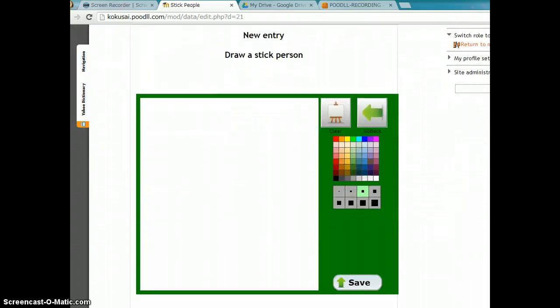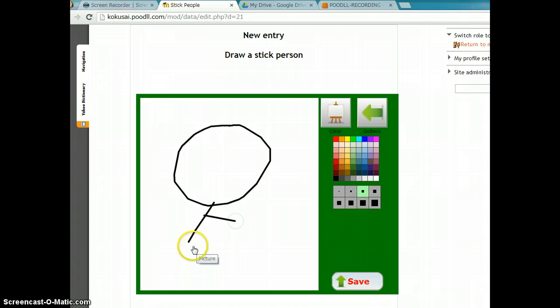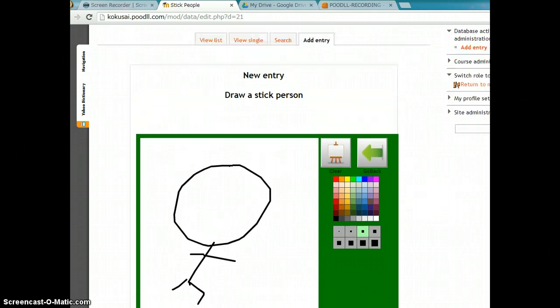Here you can see the Poodle Whiteboard, and it's a very simple whiteboard. They can draw a picture like this, and once they've drawn the picture, they save it. And once they've saved it, and then saved it again using the Moodle Save button, it will be available for the other students to see, and they'll use it as a basis for a conversation.